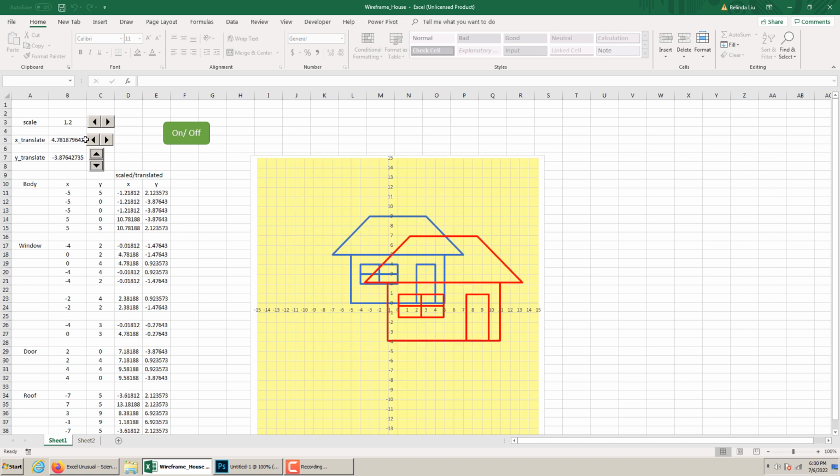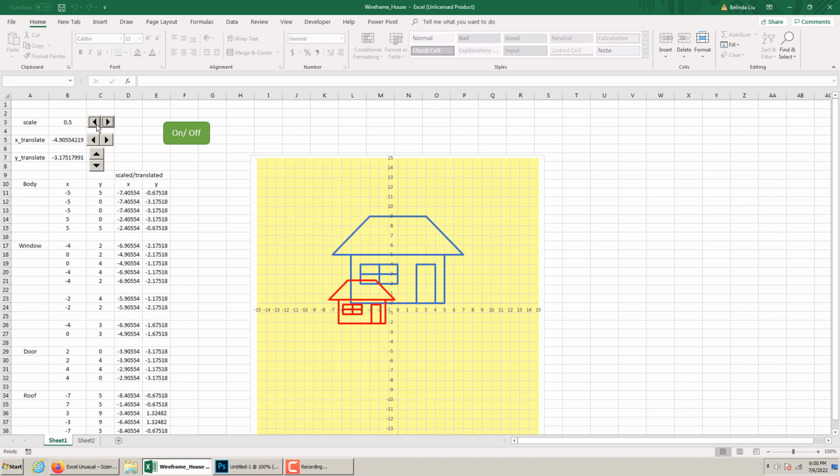You can see the house moving on a pattern resembling the number 8, and again you can adjust these parameters to move on a circle or on some random curves.